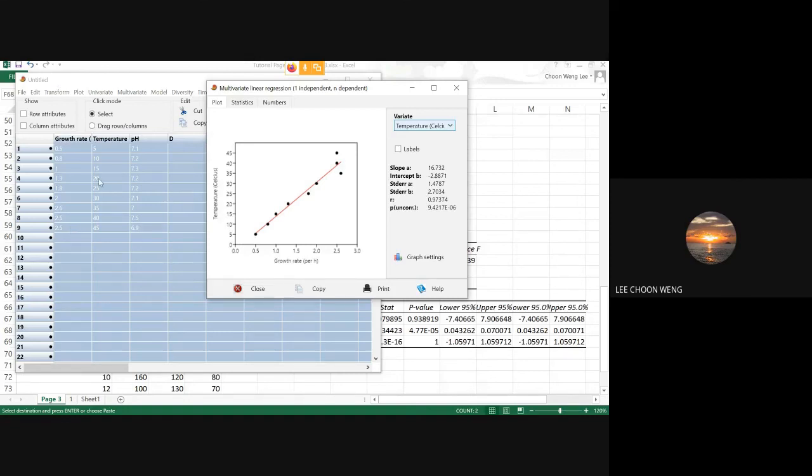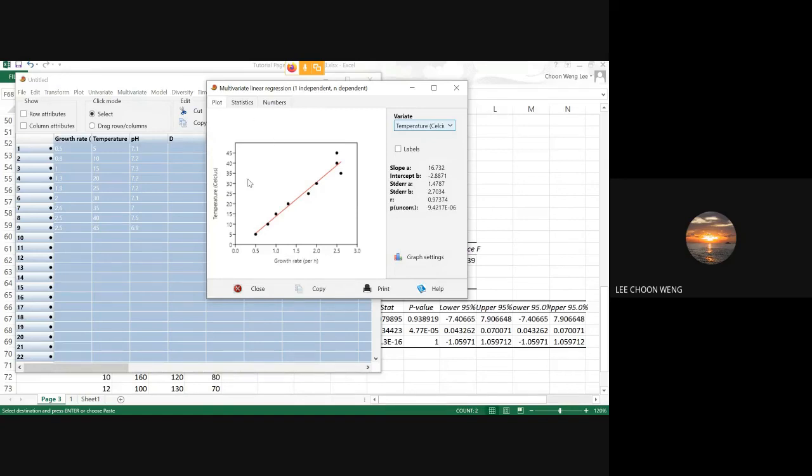Your variates will be temperature and pH. So from here you can immediately see how the growth rate changes with pH, and changes with temperature.